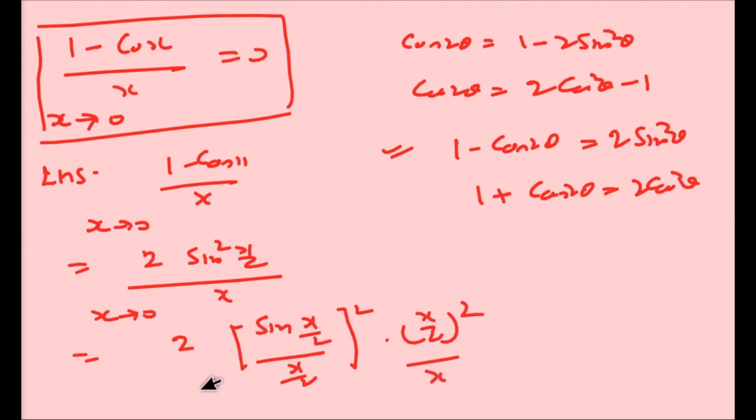Okay, so we can take the limit here, x tends towards 0, so we find here 2 times 1 square, using the previous formula, sine theta upon theta, theta tends towards 0. Here is x square and here is x, so x is left here, and here x by 4, x tends towards 0.